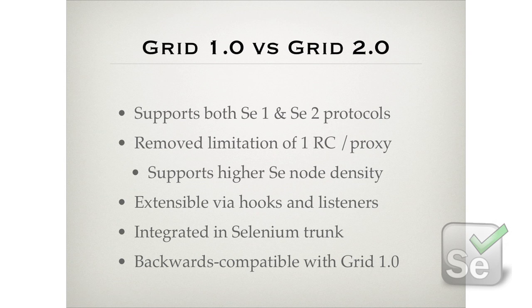The second major change is in Grid 1, there was a limitation where each node mapped directly to one RC server, which in turn mapped to exactly one browser. This created a really low limitation on the number of browsers you could run per machine. Basically, for each one, you needed to start up an RC server running anywhere between 256 to 512 megs of RAM.